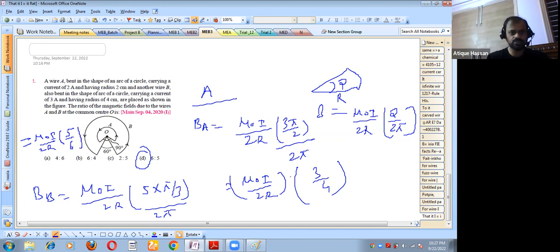Now we will take a ratio. Mu naught I by 2r will be cancelled out. We have to find the ratio of the magnetic field due to wires A and B. So the required ratio will be 3/4 divided by 5/6, and the common term is cancelled out.